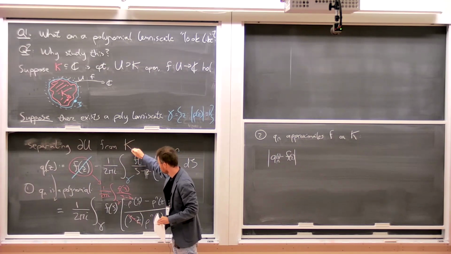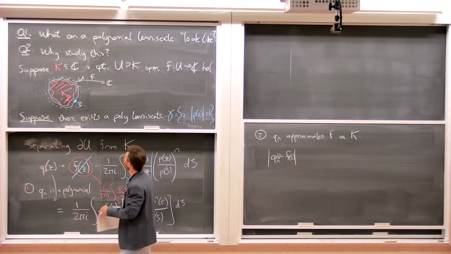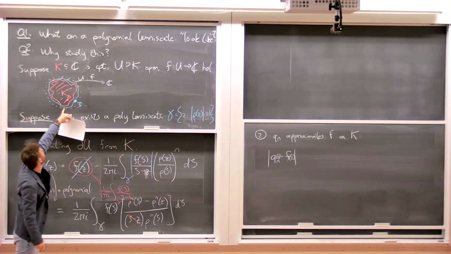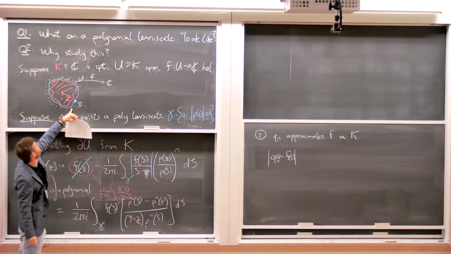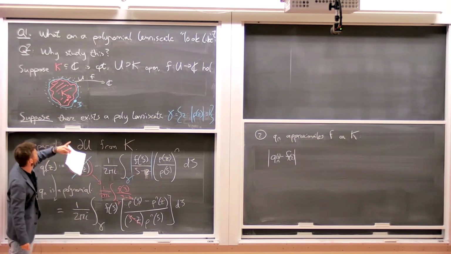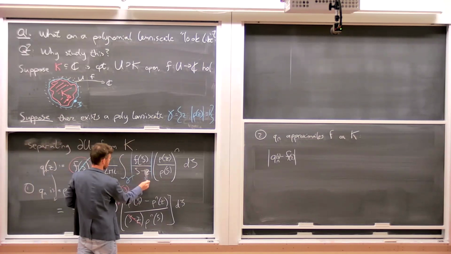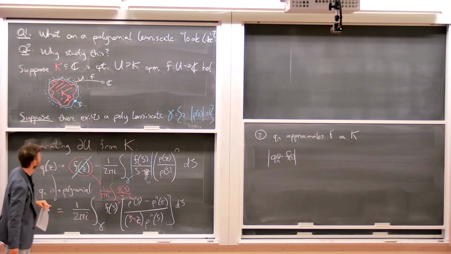So when we bring the absolute value inside, zeta minus z, because zeta is on this curve, which separates the compact set from the open set U, the distance between zeta and z is going to be bounded away from 0. So this denominator is bounded away from 0.